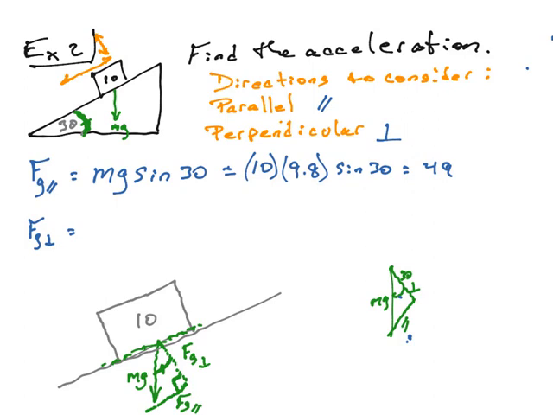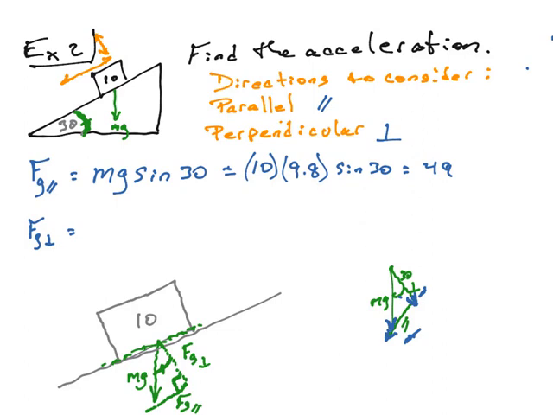I have a parallel piece and I have a perpendicular piece. If this is my F_G, then the parallel piece points down and to the left, and the perpendicular piece points downwards like this. So I need to call some direction positive and some direction negative. Thankfully, it's arbitrary.